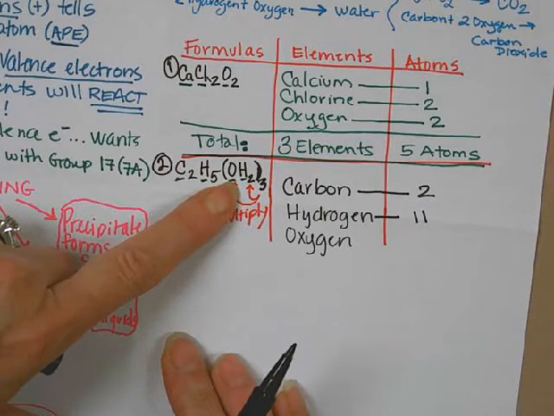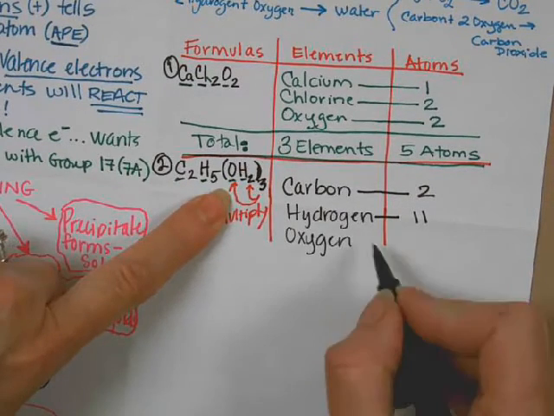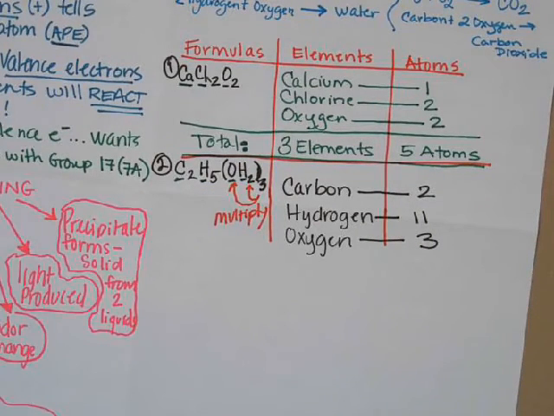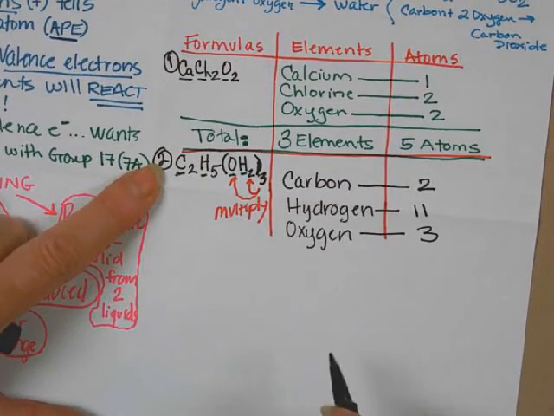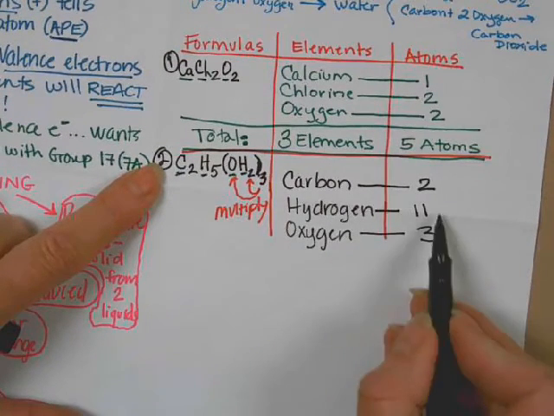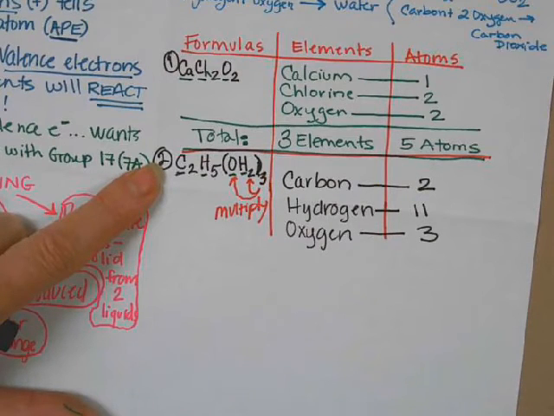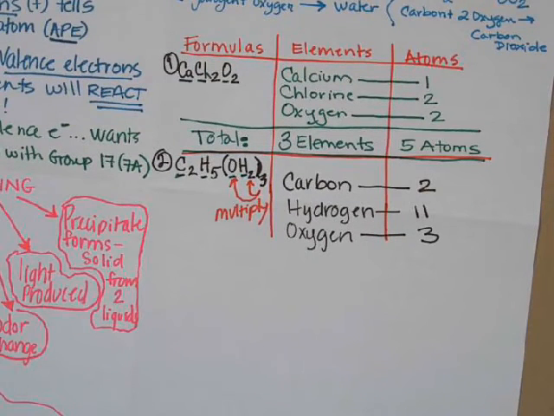That means there's only 1. Times 3 gives me 3 total. So if they were to ask you how many atoms of hydrogen, you would have had to add all these together to get that correct answer. All right, I think we are good with that part.